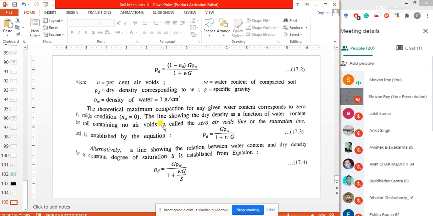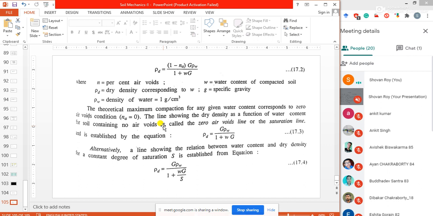So the percentage of air voids depends on compaction, or the maximum density, as well as the water content. When the density of the soil is maximum, the percentage of air voids would be less. When the water content is maximum, the percentage of air voids would be less.